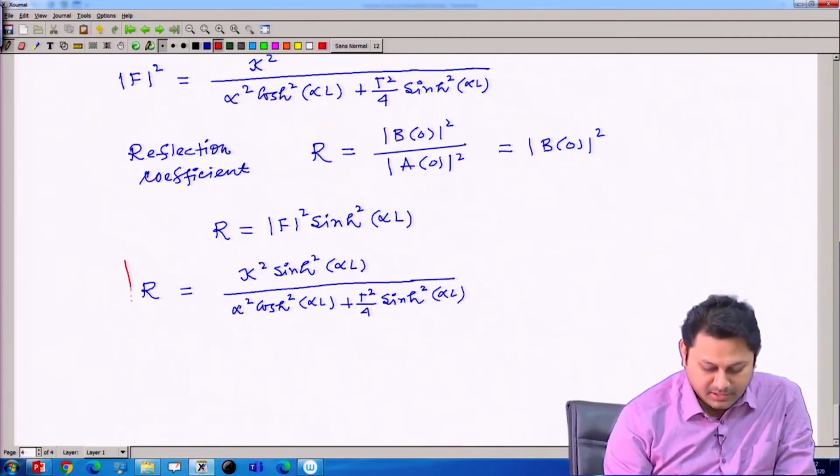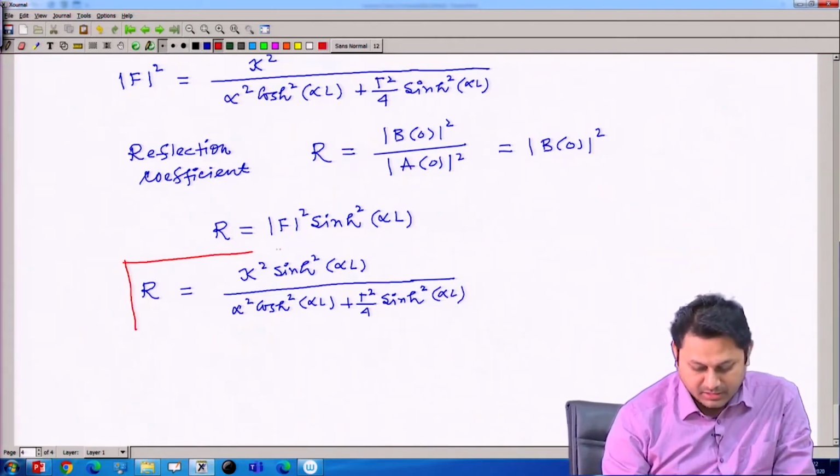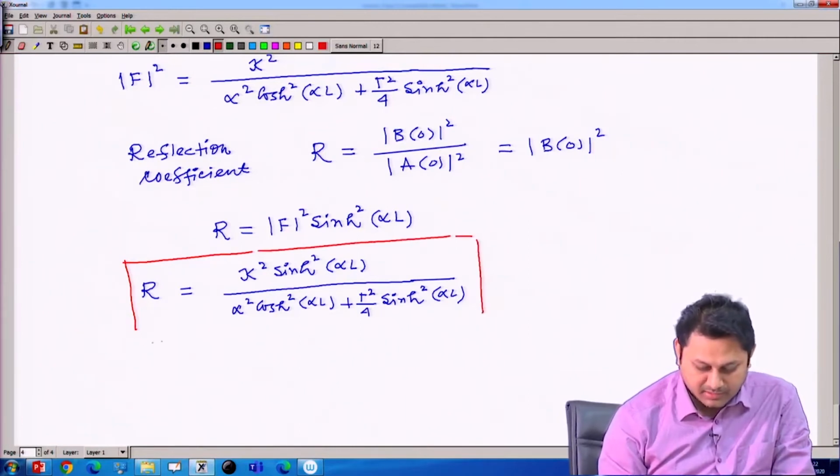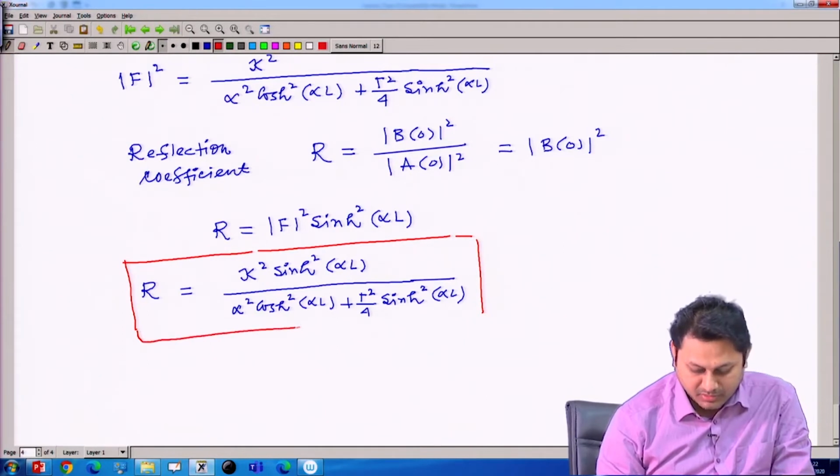This is finally the reflectivity which I wanted to find, coming in this particular form.